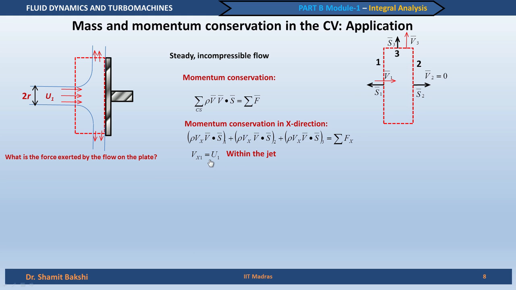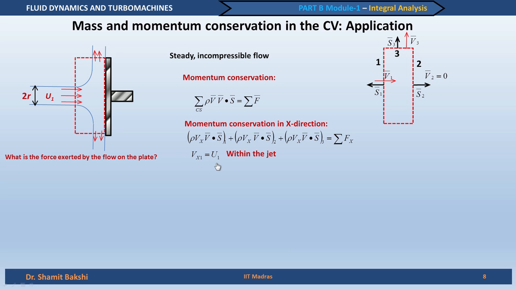But we have to remember this is only within the jet, only within this region. The control surface actually extends beyond the jet, the control surface is this entire region. The velocity here is 0, okay. So, in this region it is 0. So, we only consider the region where the velocity is non-zero.